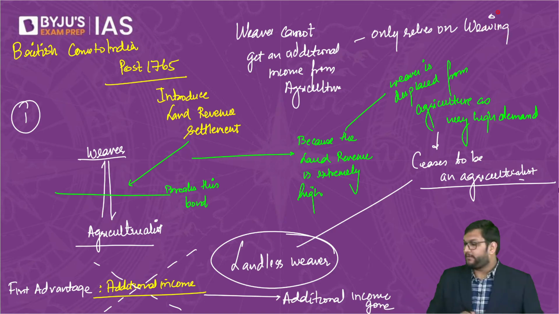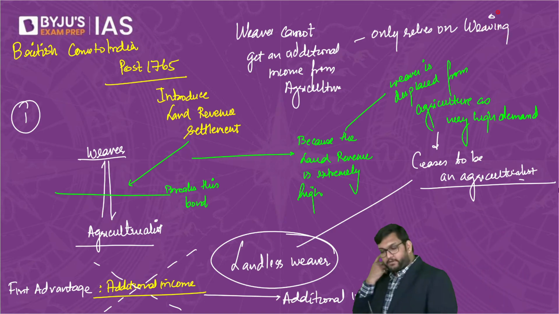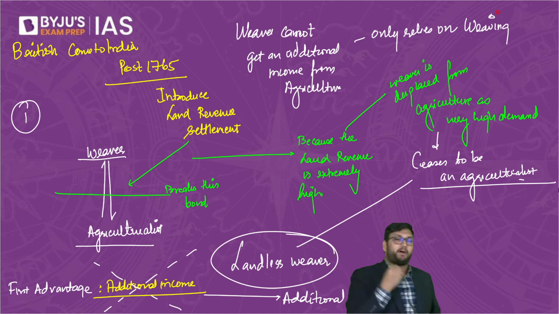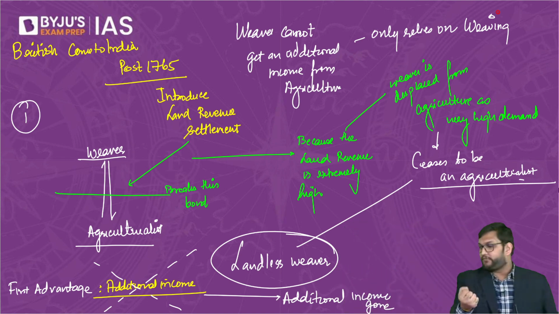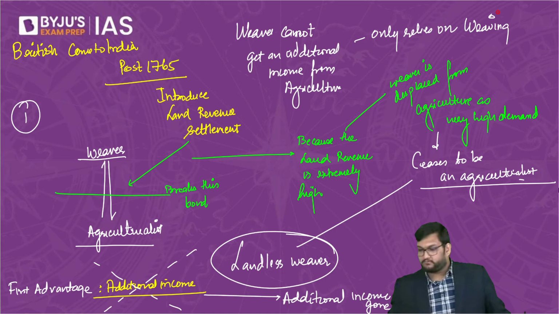Are you able to imagine this concept? What is the first advantage taken away from the weaver? Are you able to follow this? Come on. If you say yes, then we go to the second one, which is going to literally deindustrialize India.